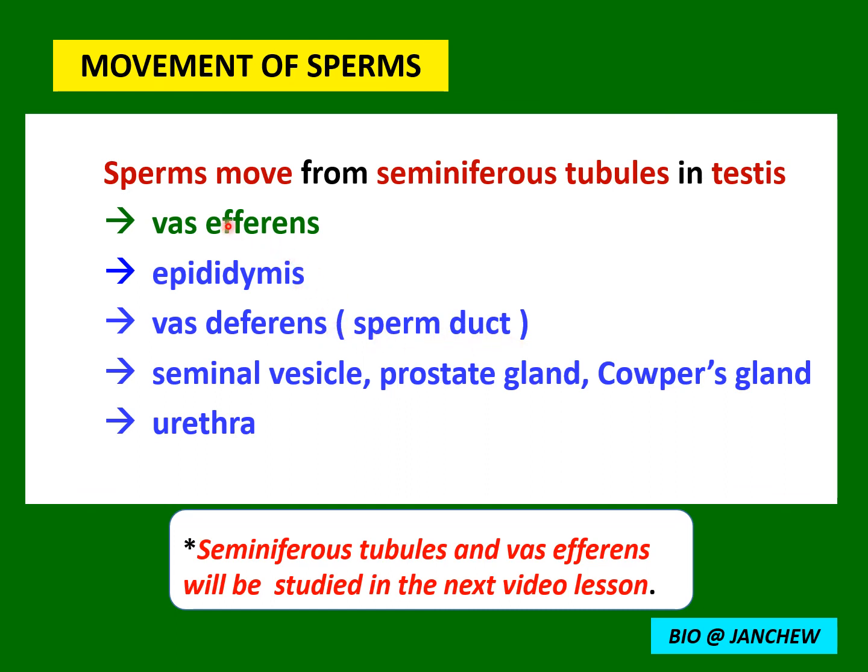So take note that there's the vas efferens that connects the seminiferous tubules to the epididymis, and then there's the vas deferens, which connects the epididymis to the urethra.